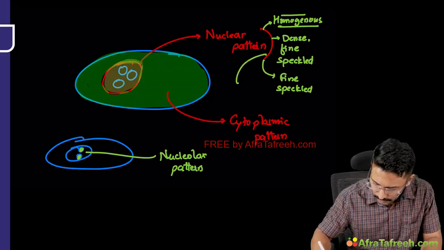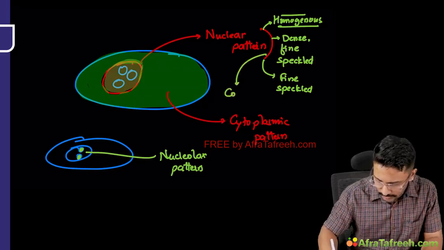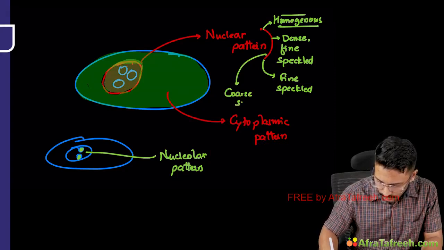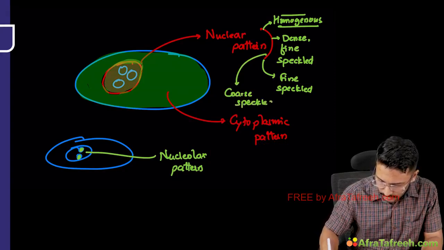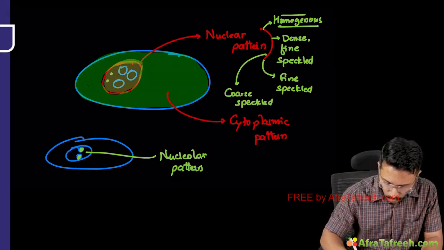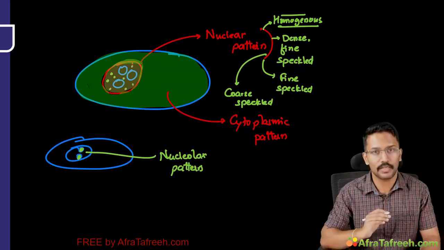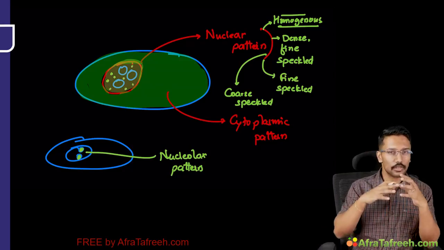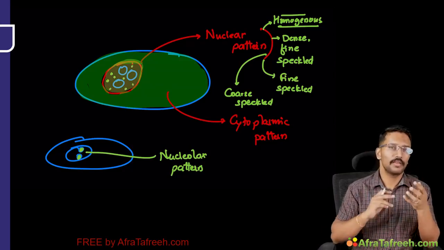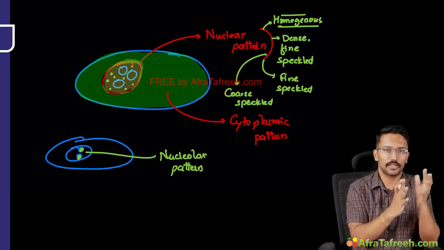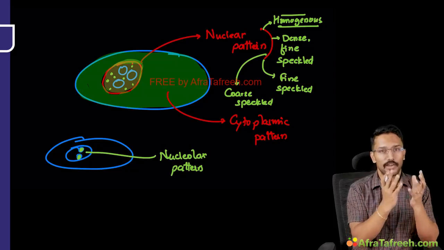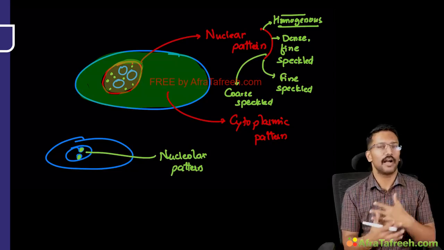And the fourth pattern we can see is coarse speckled. So in coarse speckled, you will see coarse speckling. And another important point you should remember for identifying the coarse speckles is that in coarse speckled pattern, there is heterogeneity. So there is some region in the nucleus where there are very large speckles and they are highly fluorescent.